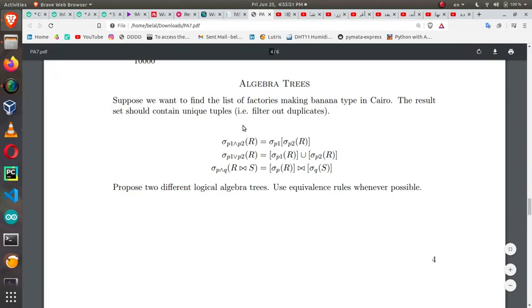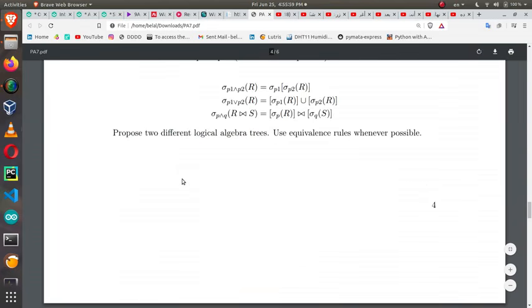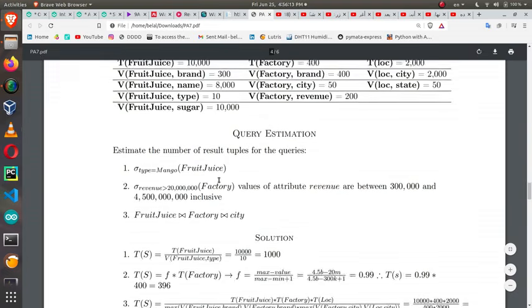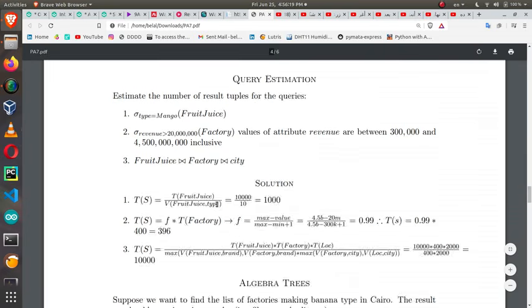So we have three tables: fruit juice, factory, and location. We want to select all of the tuples that make banana in Cairo. So the location city equals Cairo, fruit juice type is banana, and factory.city is Cairo.